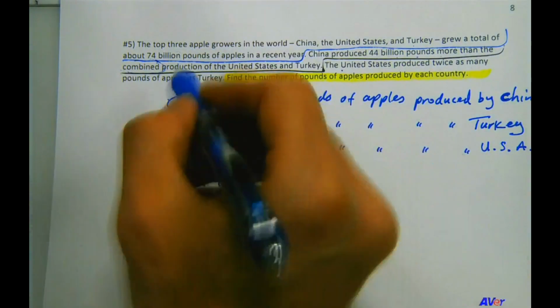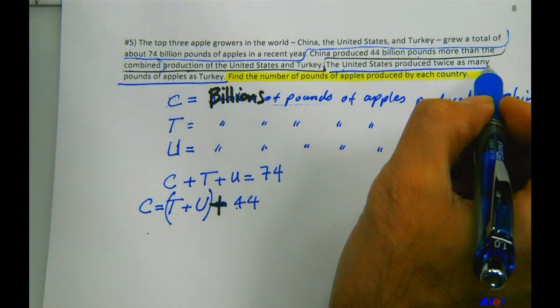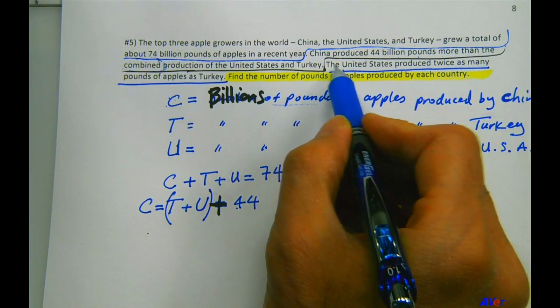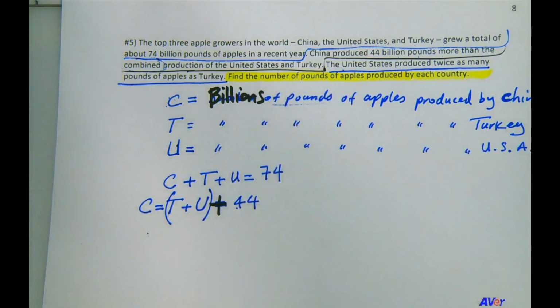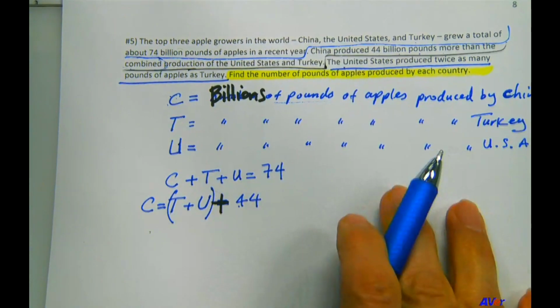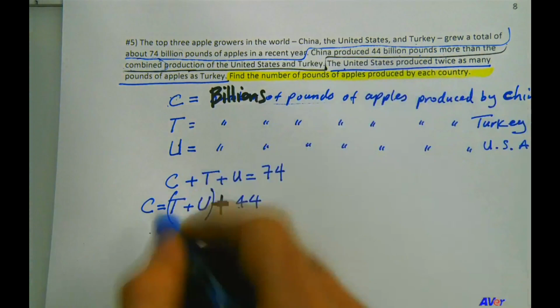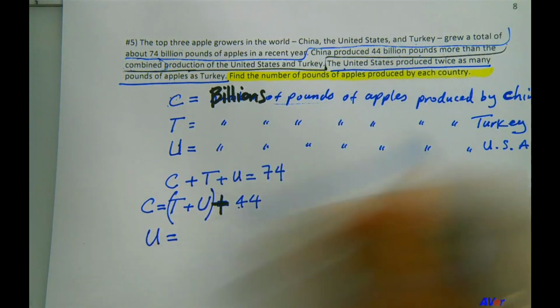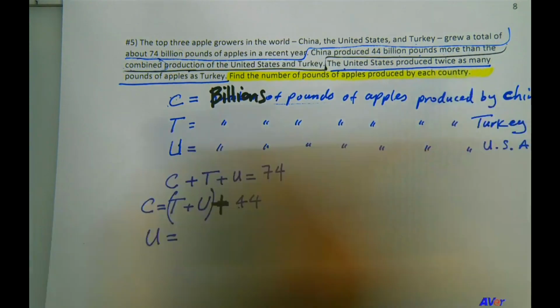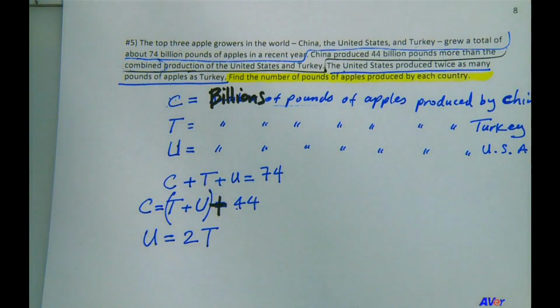So go ahead, pause the video, and translate that next-to-last sentence. Go ahead, pause the video, write down the equation for that. Okay, I'm assuming you've done that, and now you're back. So the United States equals twice as many apples as Turkey. So twice Turkey. Okay.